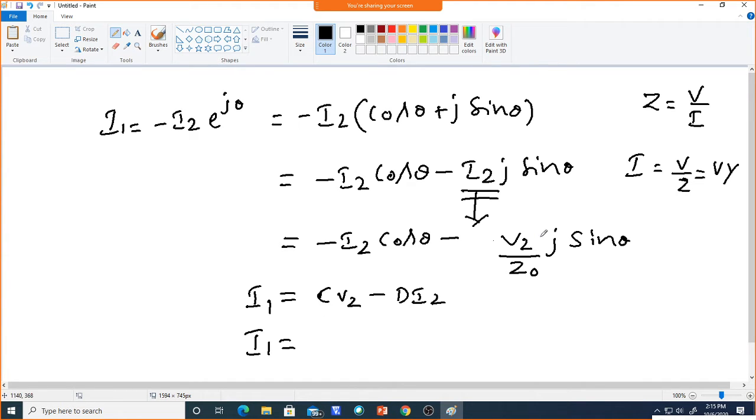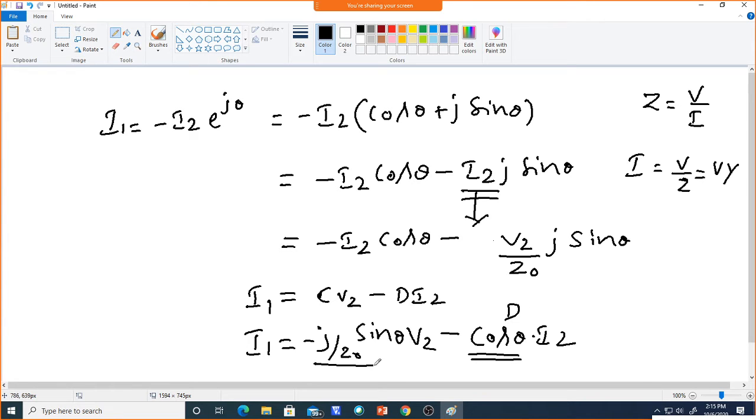If you compare, that is j by Z0 sin theta into V2, minus cos theta into I2. So D will be cos theta and C will be minus j by Z0 into sin theta, or you can write it as j into Y0.